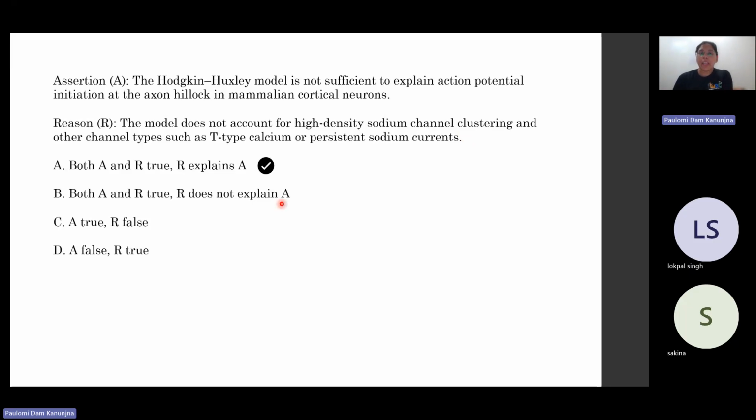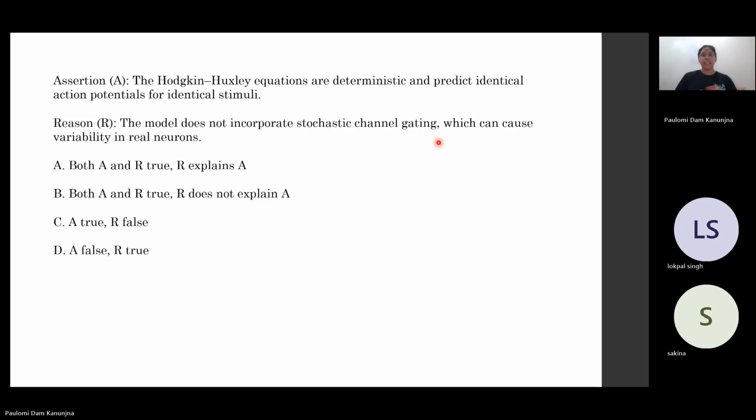And this is what it is saying, that it is enough to tell you how it is moving, but the mechanisms are explained by other channels and other features which are not part of Hodgkin-Huxley. So just looking at the model will not explain the action potential in its fullest. You need this channel and pump information to explain it in a whole way. Okay. Yes. And that brings to the last question, which is taken from here.